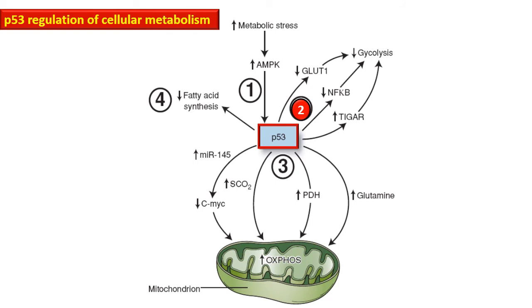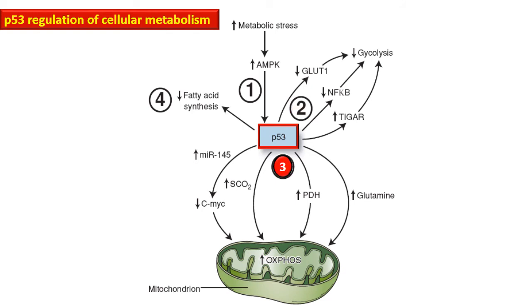P53 directly downregulates GLUT1, hence it decreases glycolysis. Also, it downregulates nuclear factor kappa B, that is also responsible for decreased glycolysis, and it is also responsible for increased expression of TIGAR, that is TP53-induced glycolysis regulator, that is also another factor for the decreased glycolysis. So, all these three, the decreased GLUT1, decreased nuclear factor kappa B and increased TIGAR, are responsible for decreased glycolysis.